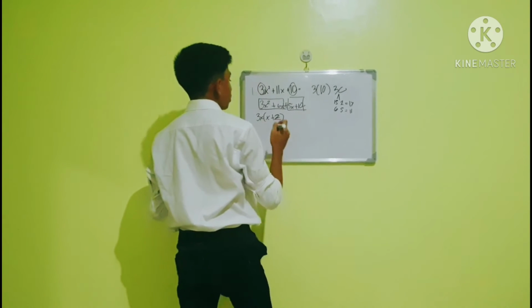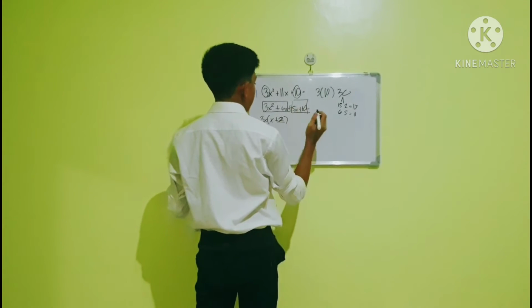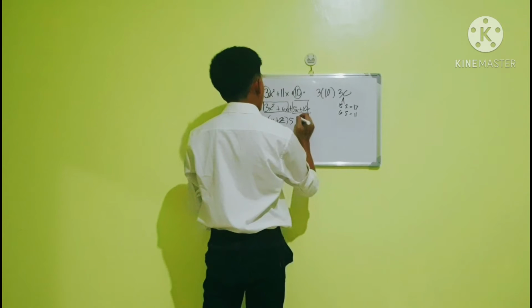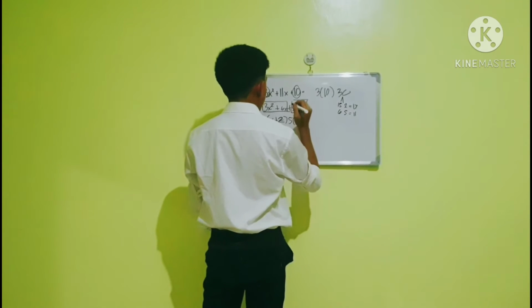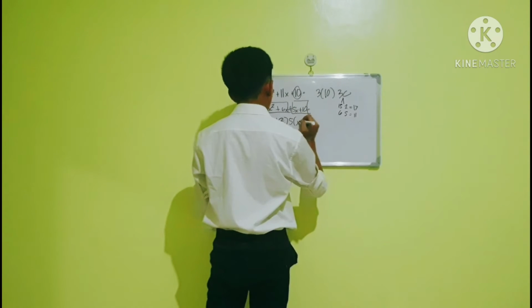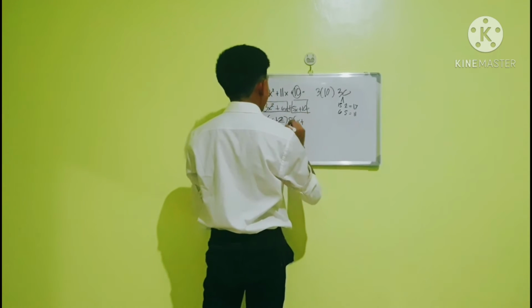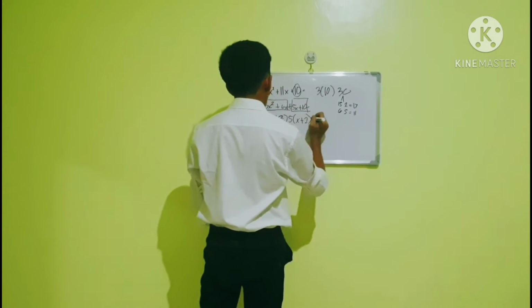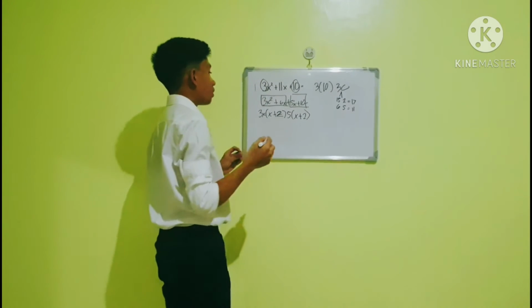For the second group, the GCF is 5. 5x divided by 5 is x, plus 10 divided by 5 is 2.